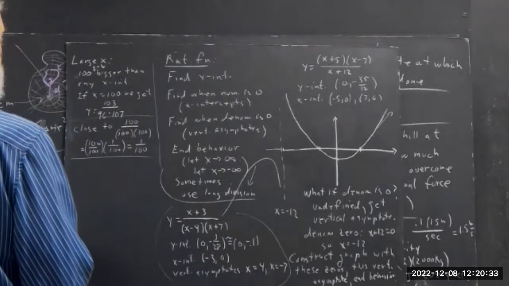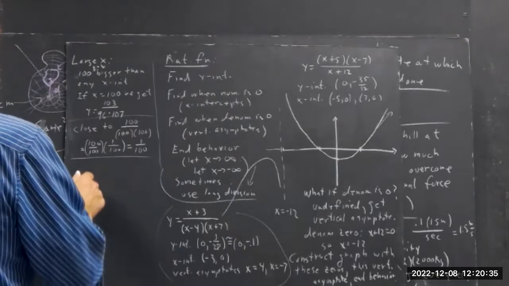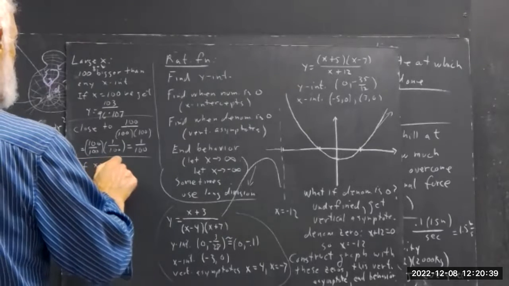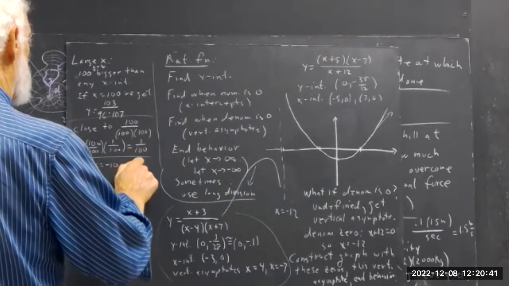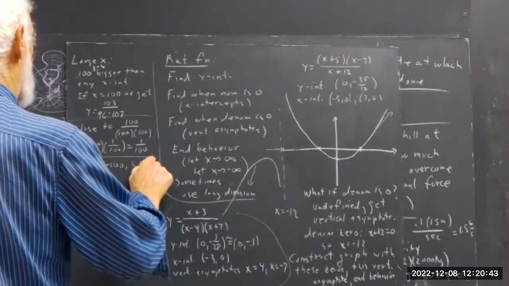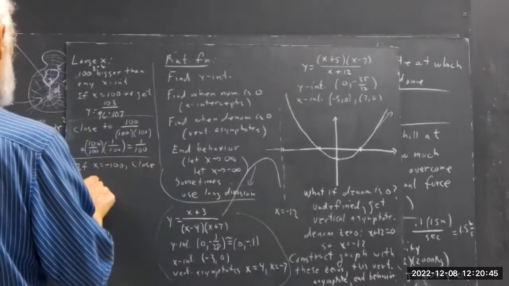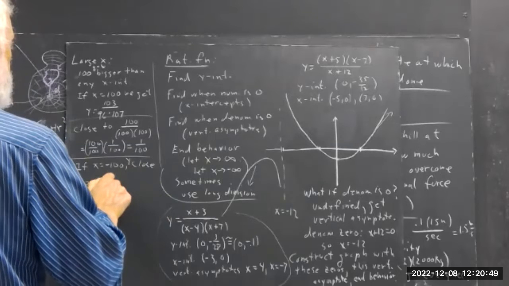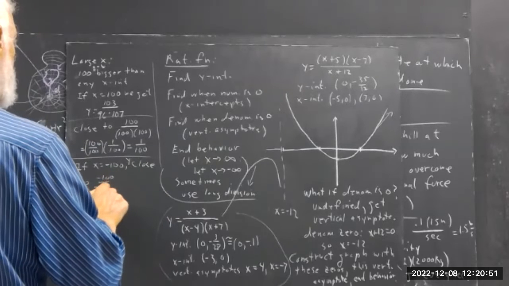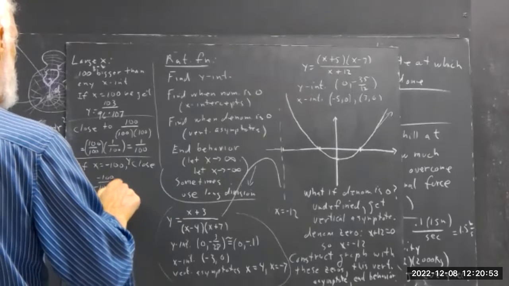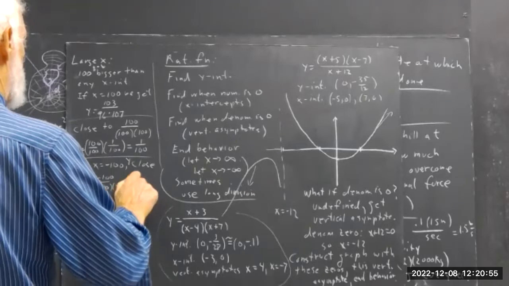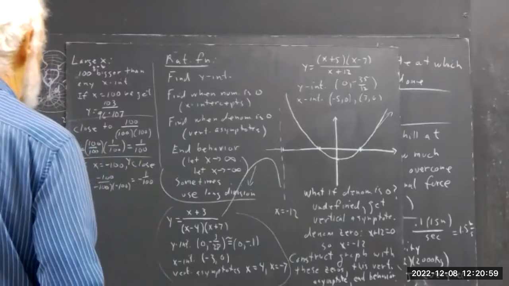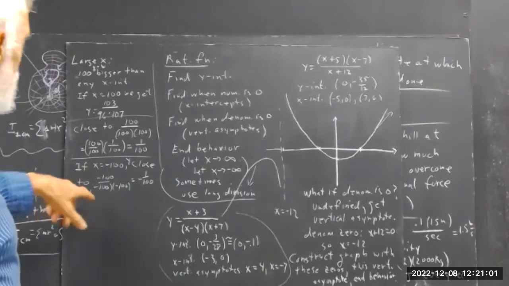So if X is negative 100, Y is close to this.